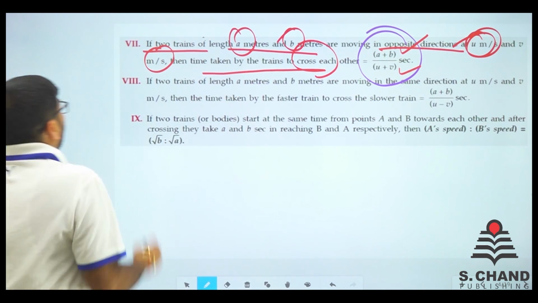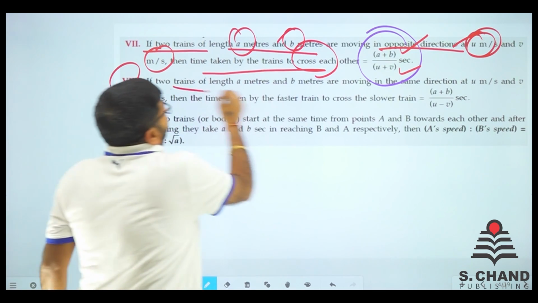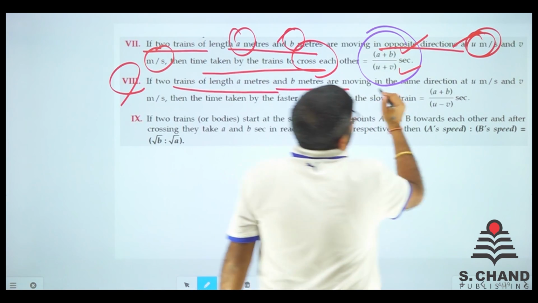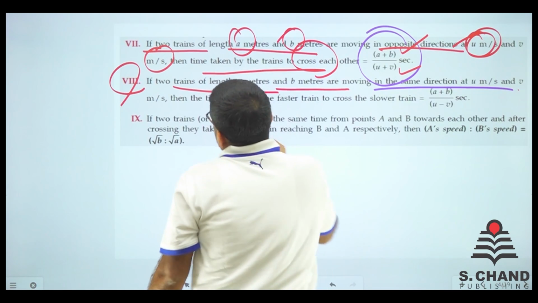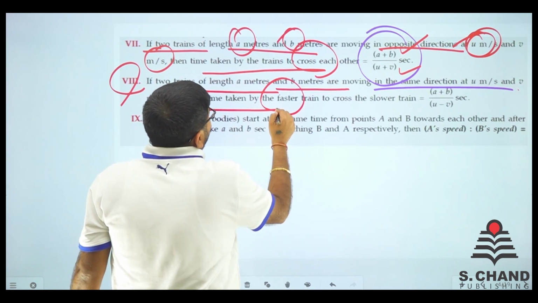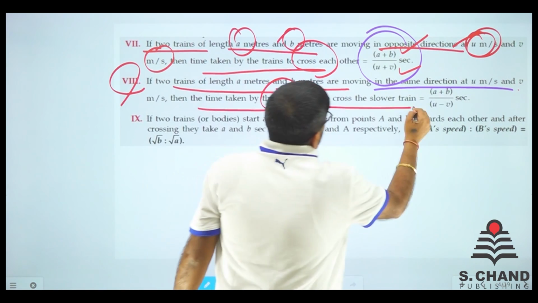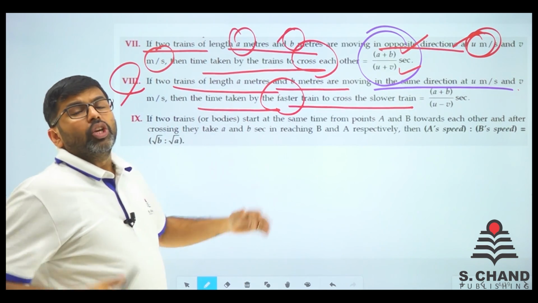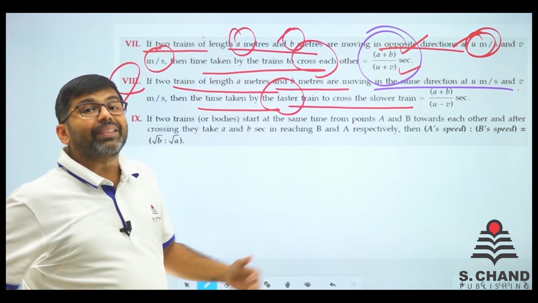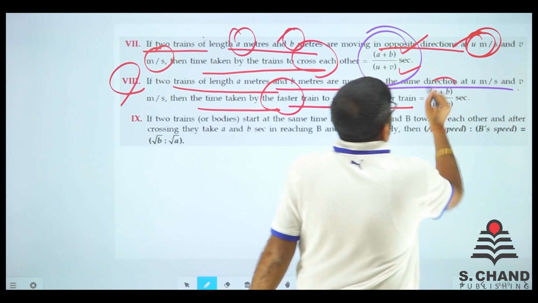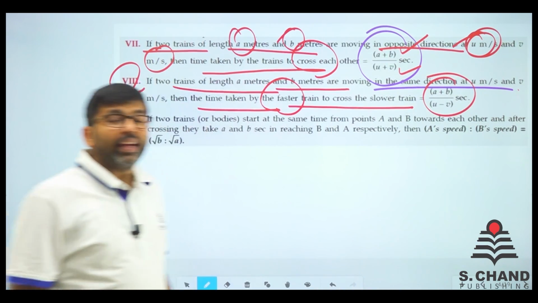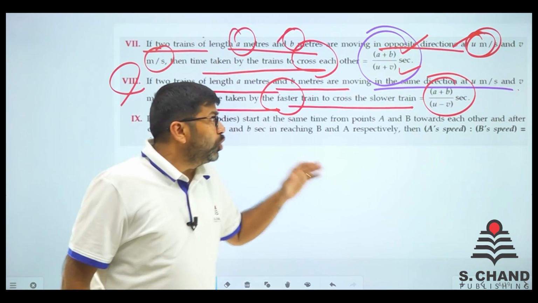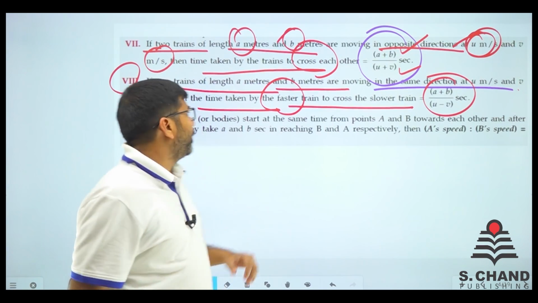Eighth part: if two trains of length a meters and b meters are moving in the same direction with these speeds, then the time taken by the faster train to cross the slower train, if you are asked how the faster train will cross the slower train and in how much time, then the formula is a plus b in the upper side, that is the numerator part, and u minus v in the lower part.